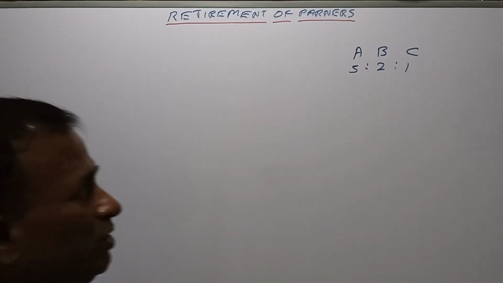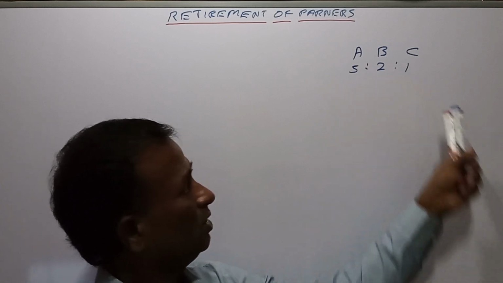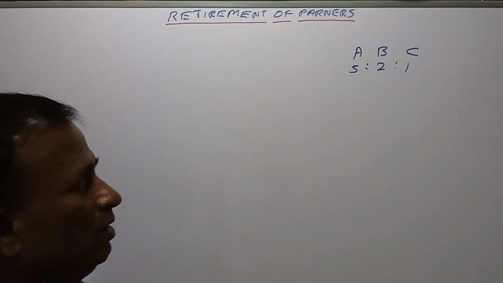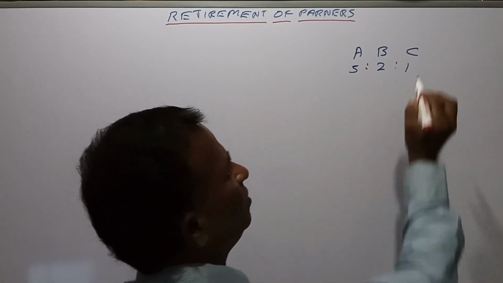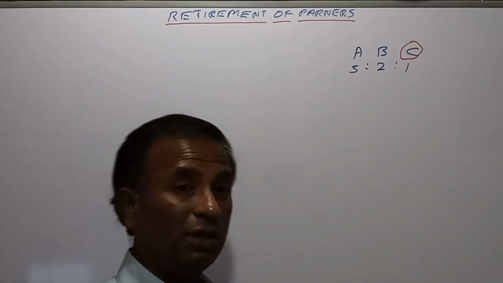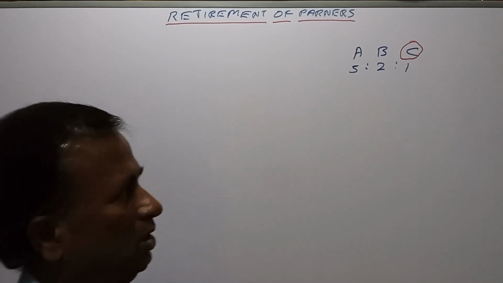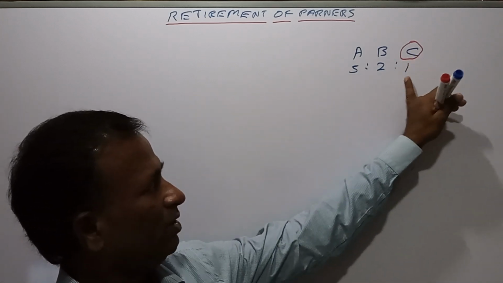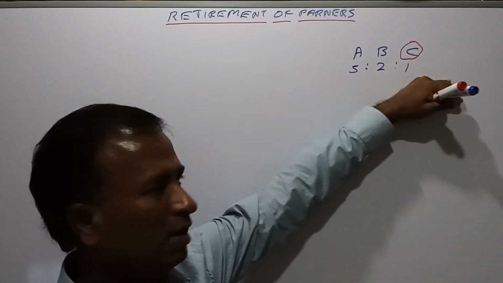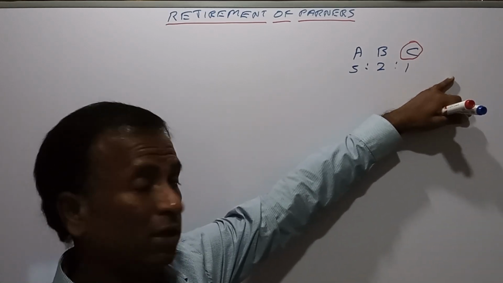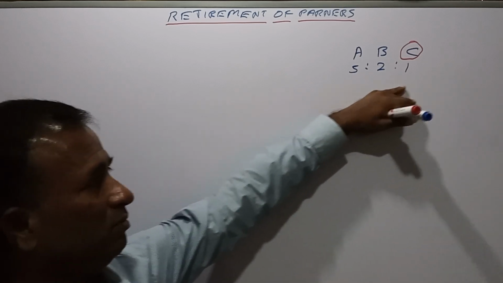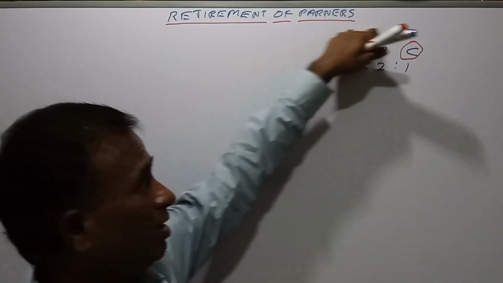In this profit sharing ratio they are carrying out the partnership, but C decided to leave, right? C decided to retire from the partnership. At the time of retirement, the goodwill and the assets will be revalued and the profits will be shared among all three partners.